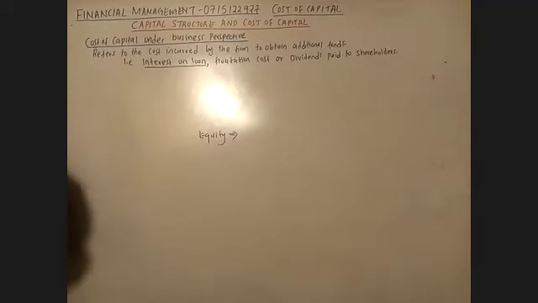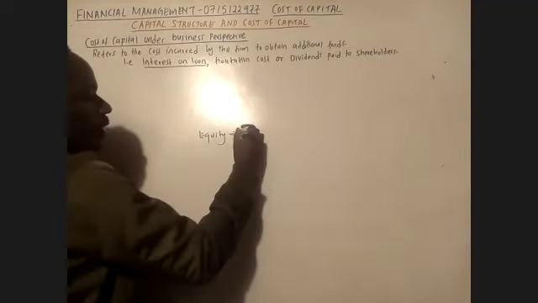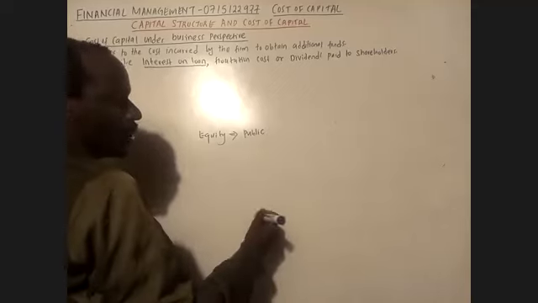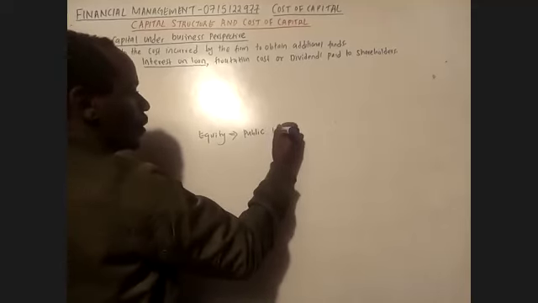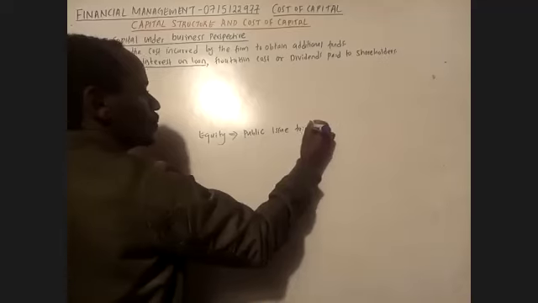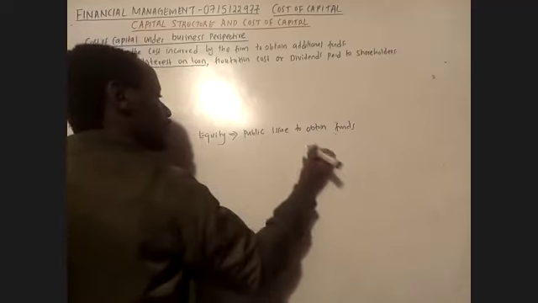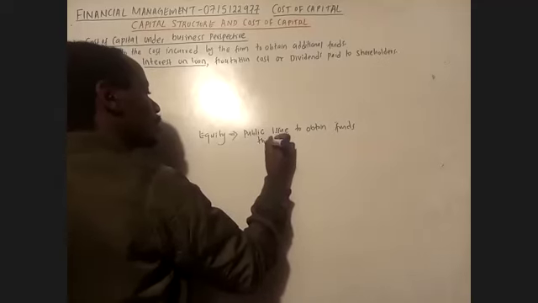Remember, when we talk about equity, it is where the firm issues shares, either to the public or privately, to obtain funds. Let us assume that the firm has made a public issue to obtain funds, mostly through shares.